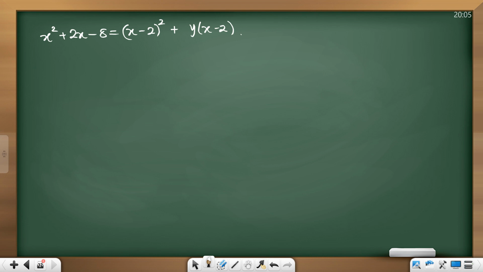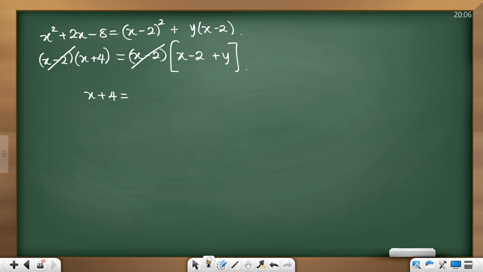Let's be smart. I have factors. I just want to check something quickly. X minus 2, x plus 4. But what's common here? Right? What do I have left? I want you to divide both sides by x minus 2.